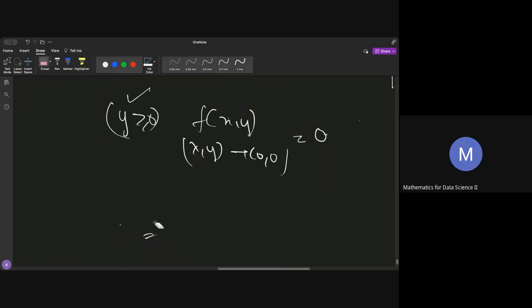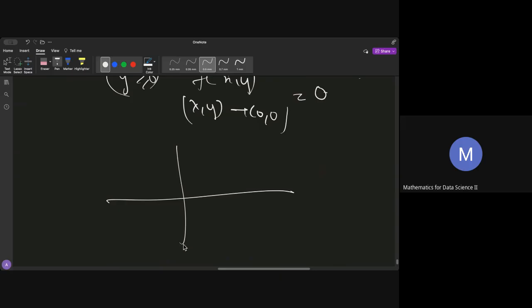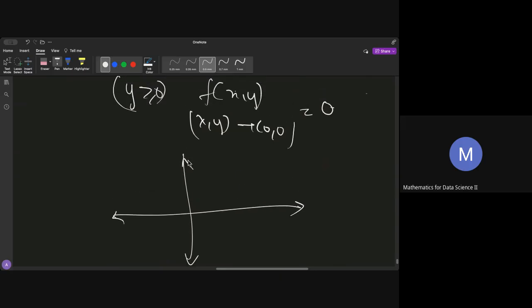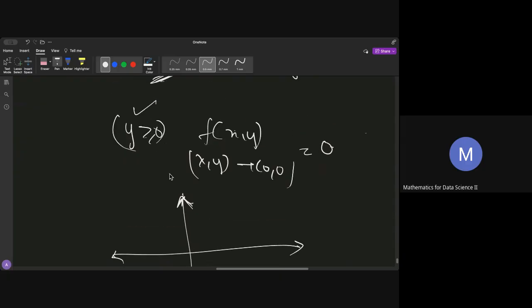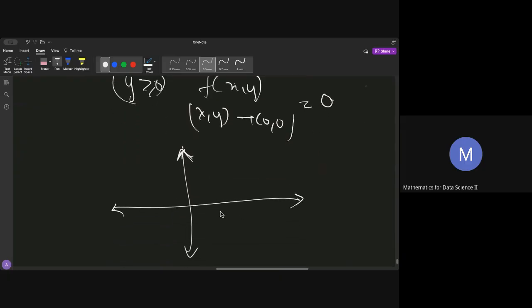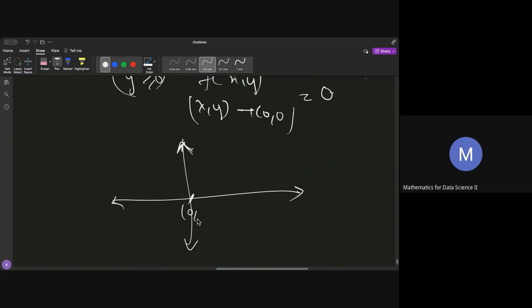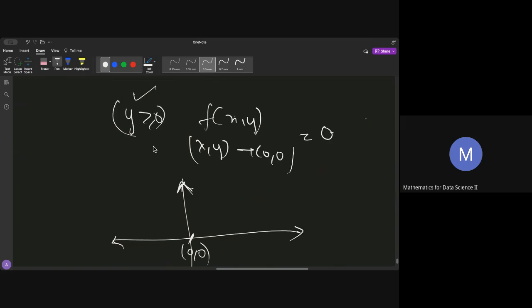But we just know the limit of this function. Let's just end it here, because we'll have to check a lot of other things as well for this question. We'll have to come up with something for the y less than or equal to 0 case. But I know that if I'm approaching the 0 point from y greater than 0, that means if there is any curve from this side, y greater than 0 is this side, right? This is the y greater than 0 side.